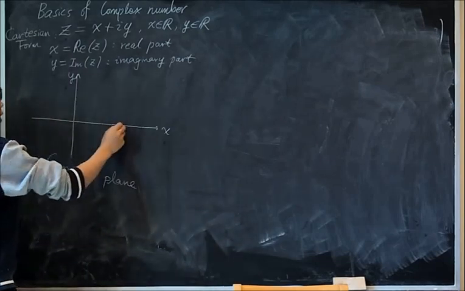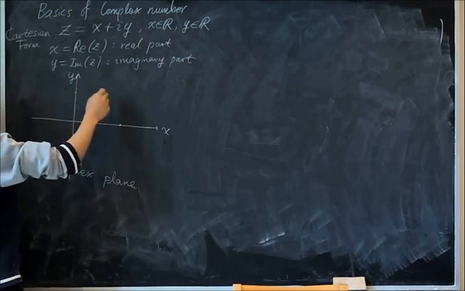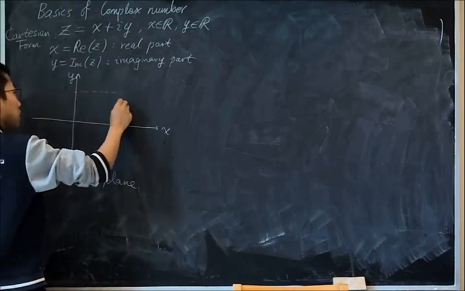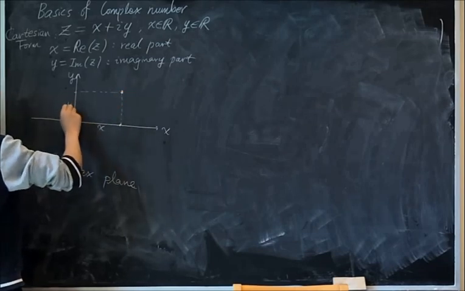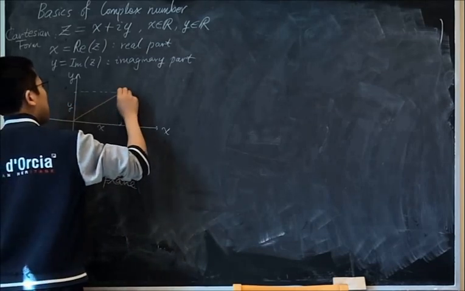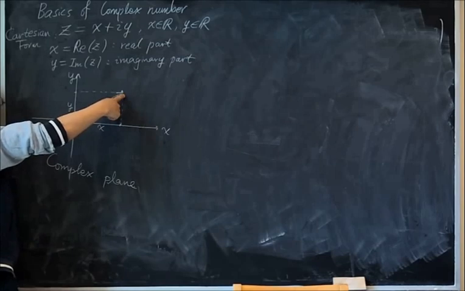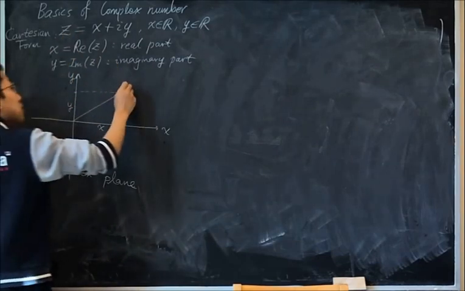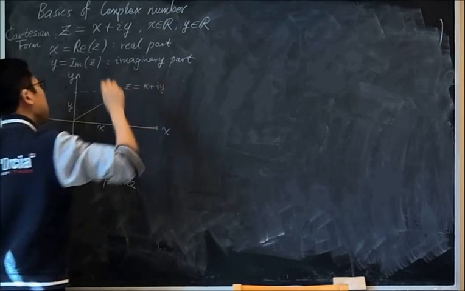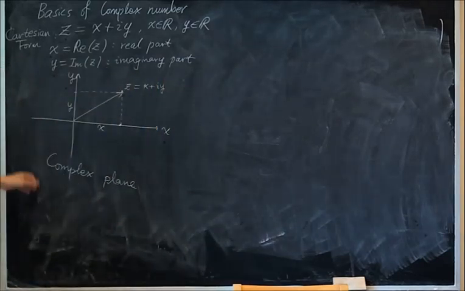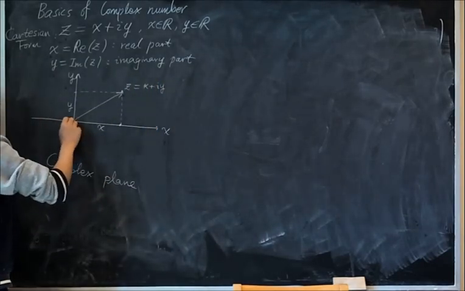For example, if I have x here and y here, and I draw this point, this is x, this is y, and I would say this point corresponds to the complex number z equals x plus iy. Okay, this is the geometrical representation of any complex number.